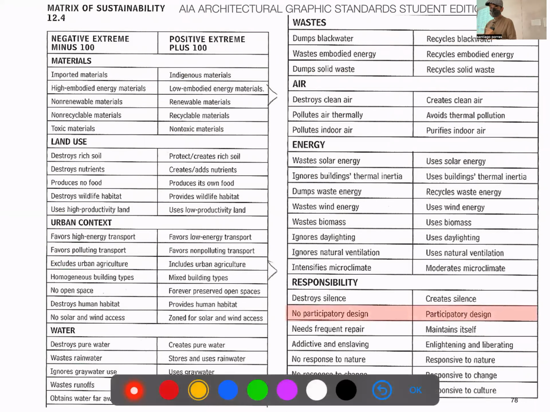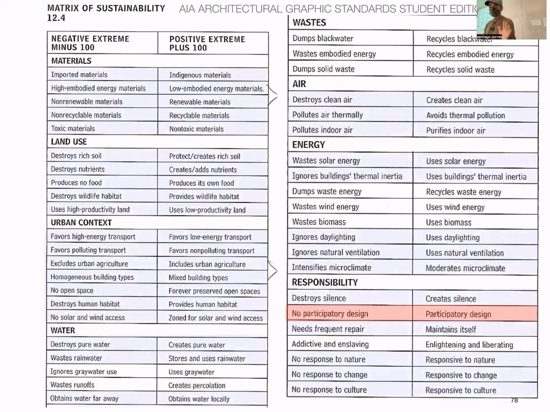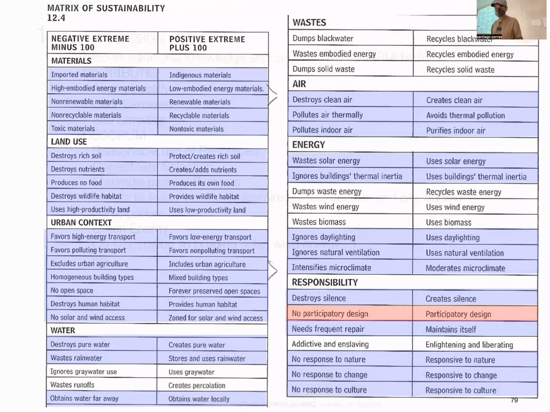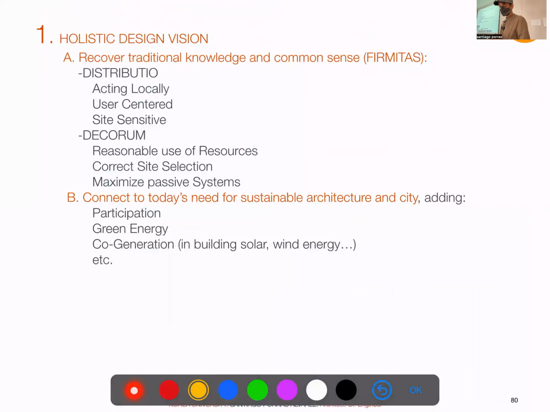If we just take participatory design, a few things, everything in blue, was already considered in Vitruvius' work. So most of the things we discover now were already discovered, right?